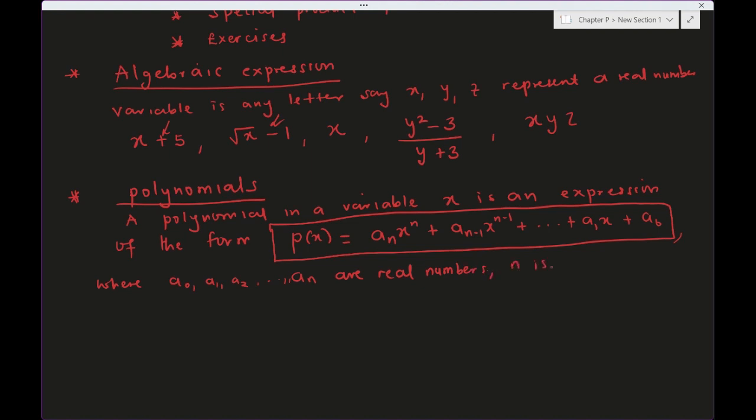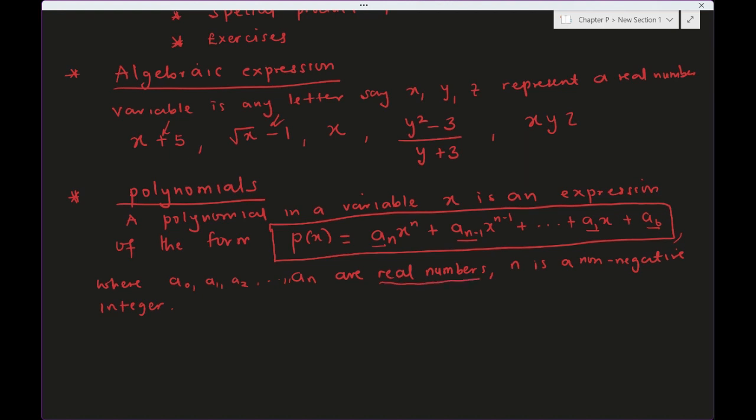And what is n? n is a non-negative integer. So if you look at this, what we're saying is that you can see the numbers a_n, these are the numbers behind the variables. The a's, a_0, a_1 up to a_n, they have to be real numbers.